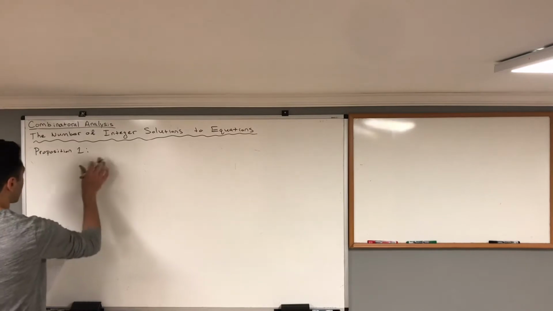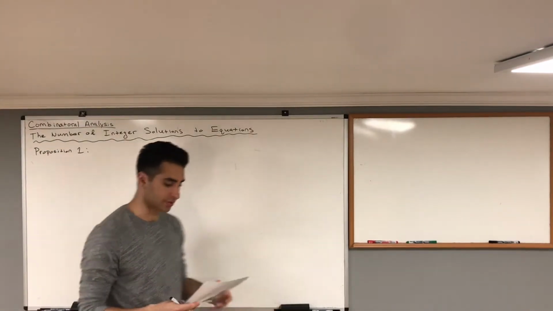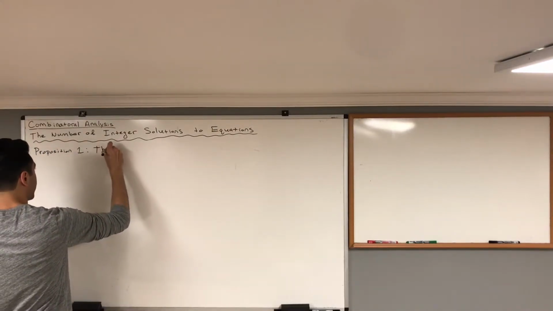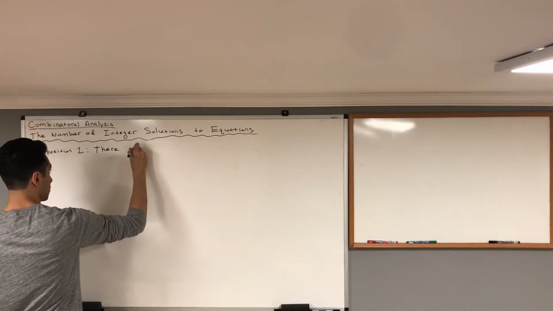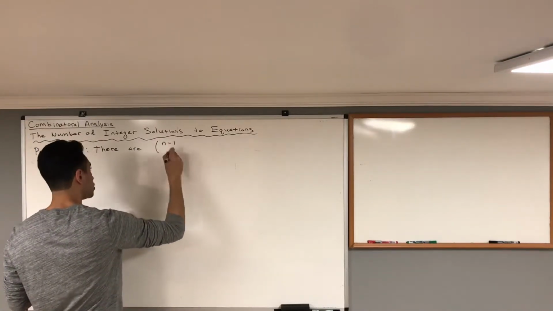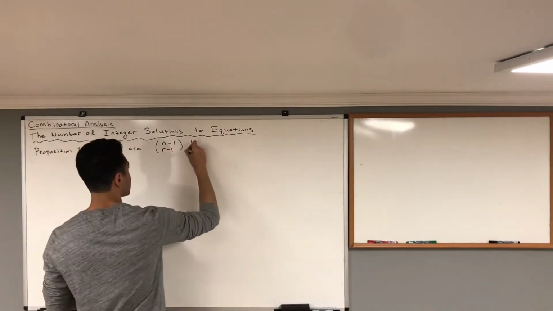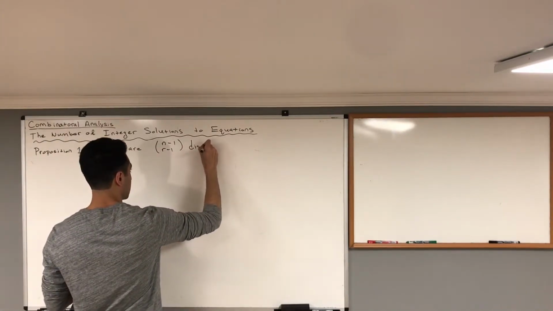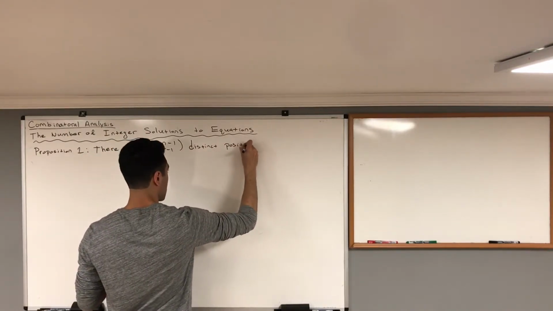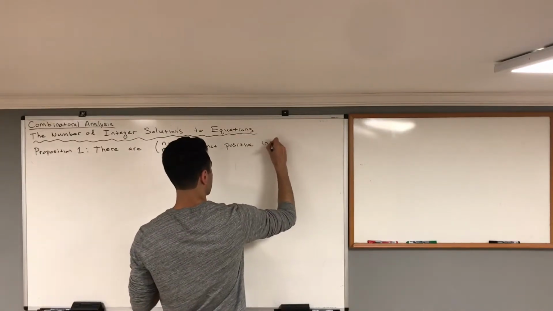Okay, so proposition 1 is for counting the positive integer valued vectors. And the way you do it is, there are n minus 1, choose r minus 1 distinct positive integer valued vectors.